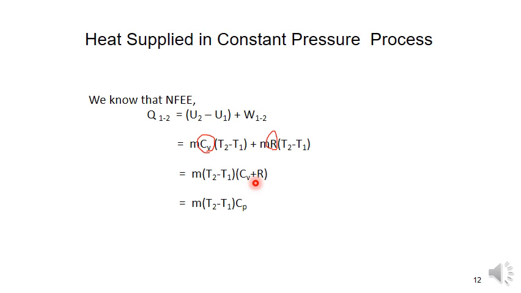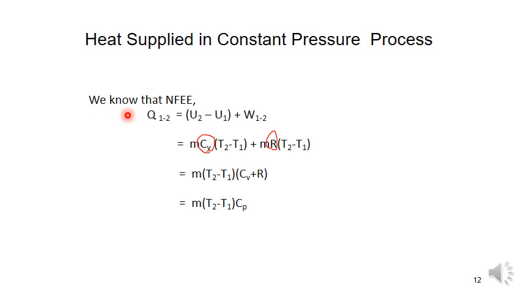So this is mCp (T2 minus T1). So the heat energy supplied at constant pressure is equal to mCp (T2 minus T1).